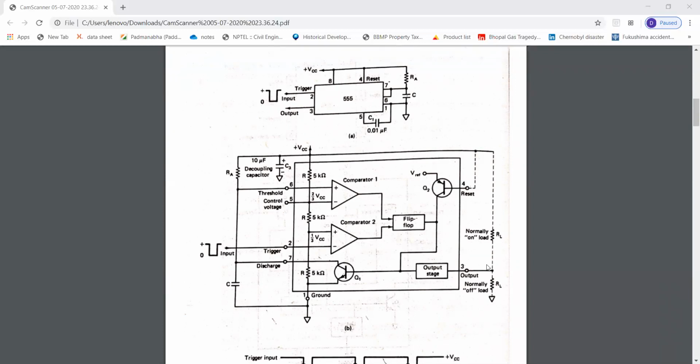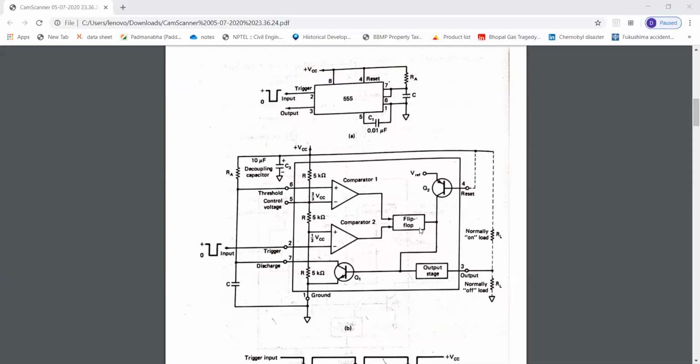In this circumstance, the capacitor C will charge up towards VCC through the resistor RA. Whenever the voltage across the capacitor equals 2 by 3 VCC, the comparator 1 output switches from low state to high state, which in turn changes the output of the flip-flop to low state.